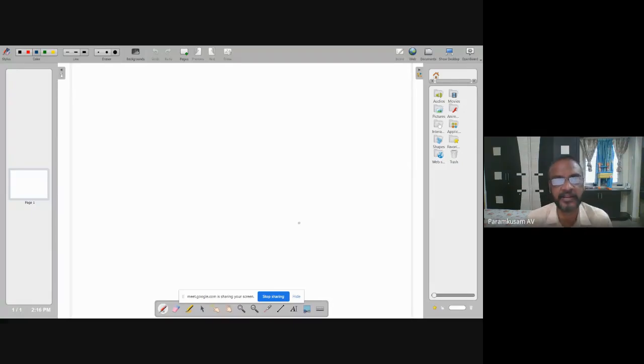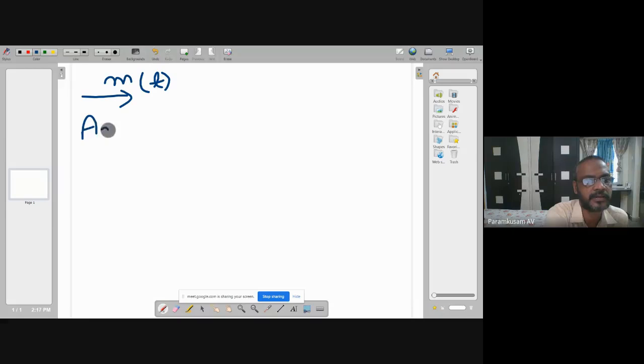Now I draw the block diagram of pulse code modulation. Suppose m of t is an analog signal. You please note down in your notes, analog signal.